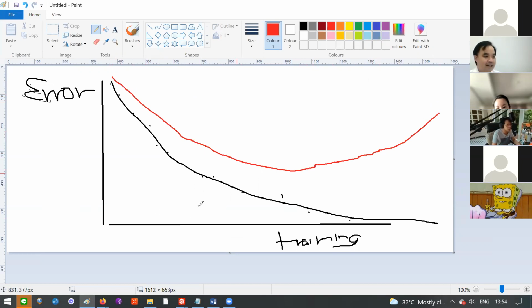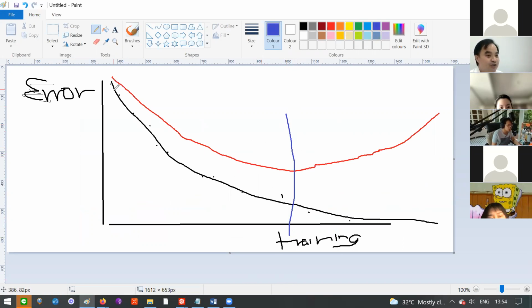In other words, it starts from not fitting anything, and it gets a better fit, better fit, better fit. But at some point, it's going to overfit. Now, obviously, what is the best model? It's not all the way here because it overfit. So where is the perfect fit? The perfect fit is right here.